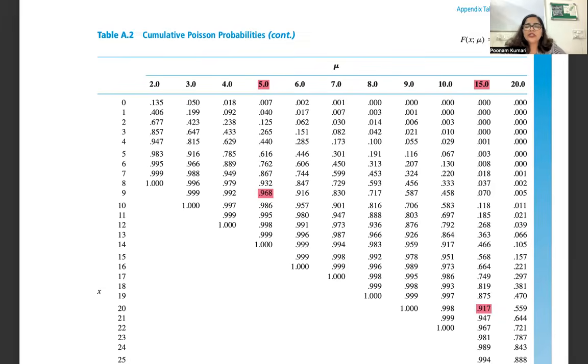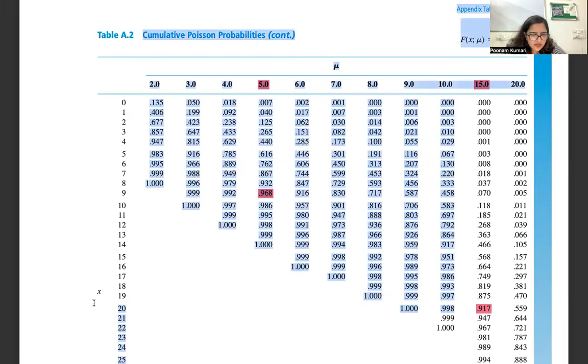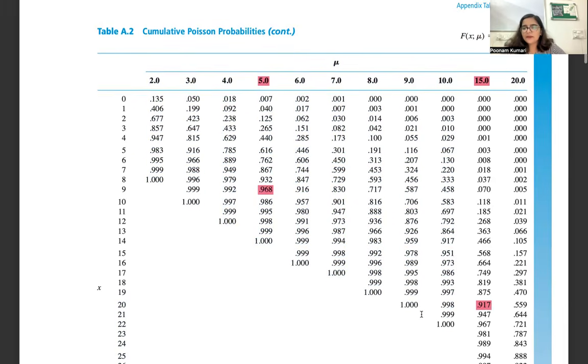So this is 0.917, right? तो हमारा जो आंसर है वो क्या हो जाएगा? 1 minus 0.917. 1 minus the probability that y is less than or equal to 20, which is equal to 1 minus 0.917, which will be equal to 0.083.